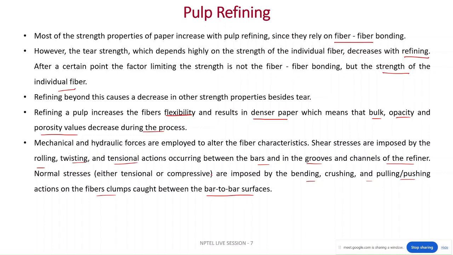So in the process you can see there are rolls and other arrangements. Those will create these kinds of forces onto the sheet of paper, and that will improve the bulkiness and opacity, decrease the porosity, overall improving or refining the pulp into better fiber-fiber bonding and improving the individual strength of the fiber.